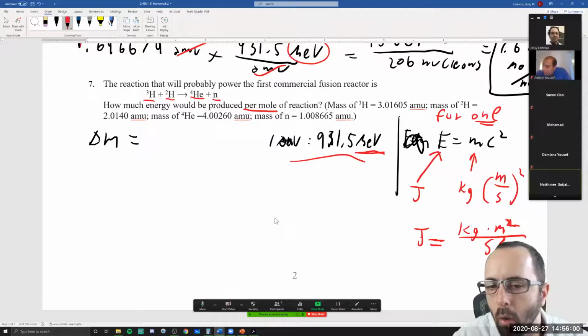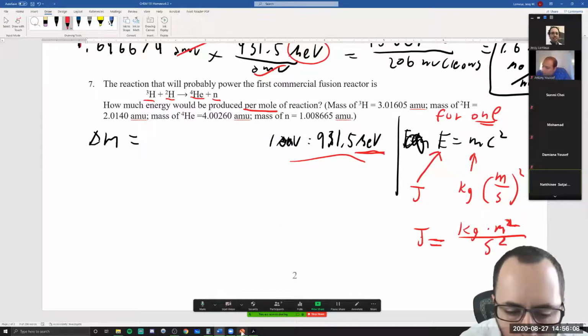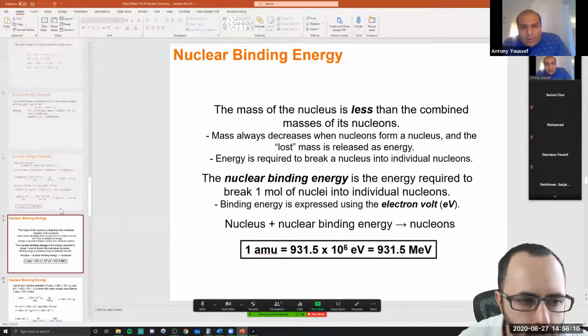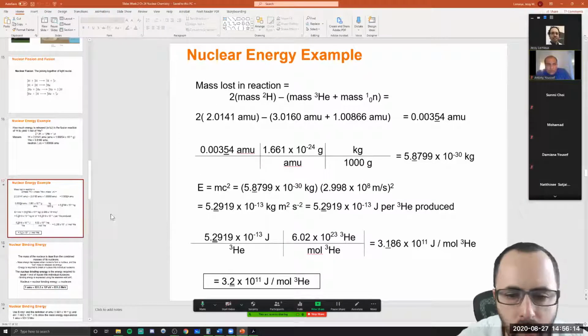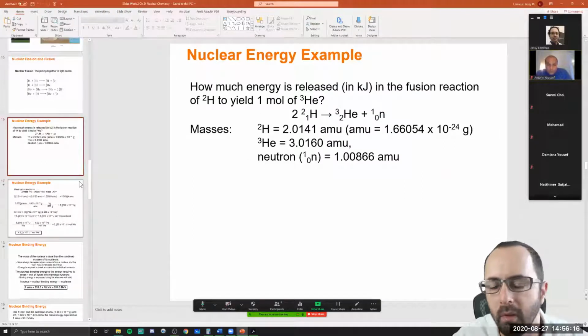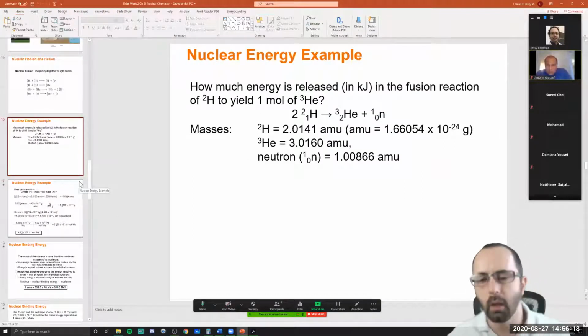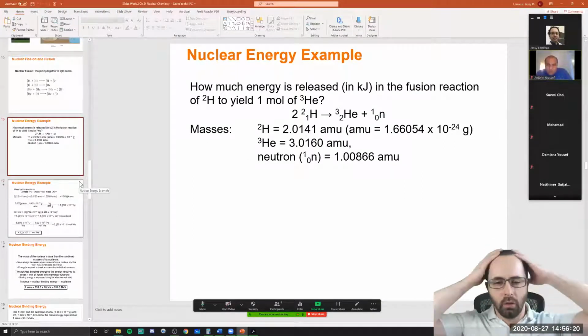If you want a mole of these, you're going to have to multiply the energy times 6.02 times 10 to the 23. This is Avogadro's number, right? The way I showed you to do that was right here. So this problem is very much like this one that I showed you in the lecture.